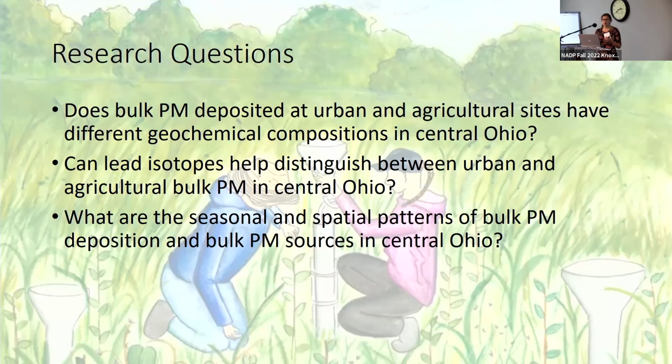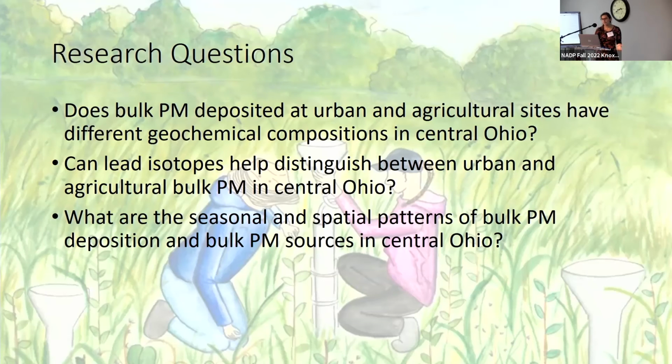We're also thinking about how lead isotopes can help distinguish between urban and agricultural particulate matter in central Ohio. And then finally, I'm not going to be talking about this today, but ultimately we're interested in learning about the seasonal and spatial patterns of particulate matter deposition and sources in central Ohio.